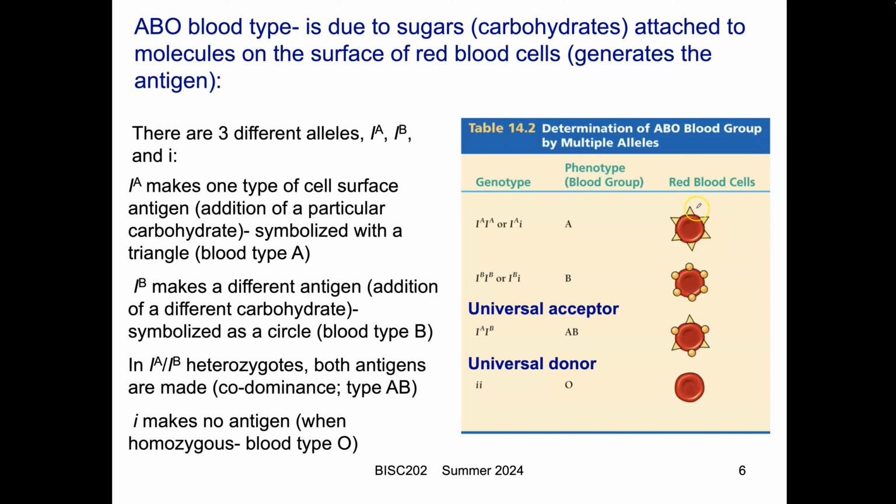So the body knows, if you're type A, that these molecules on the cell surface are supposed to be there, and they are their self.